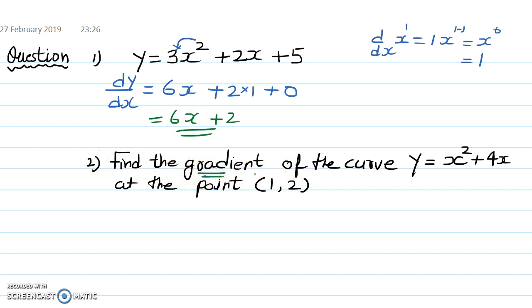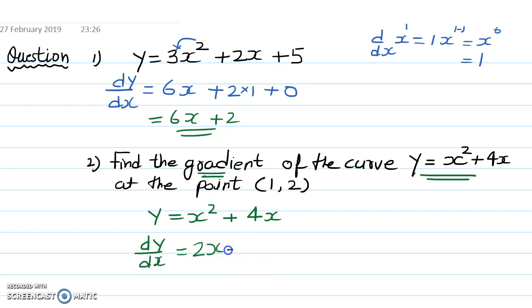Now find the gradient. The keyword is gradient here, gradient of the curve, and the curve is given as y is equal to x squared plus 4x. Let's write down the curve equation. If you are differentiating with respect to x, that is dy over dx, 2 is coming forward, so it will be 2x, and 2 take away 1 is 1, and differentiation of 4x will be 4.